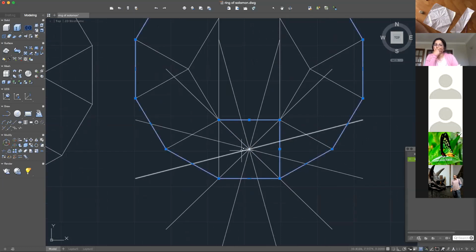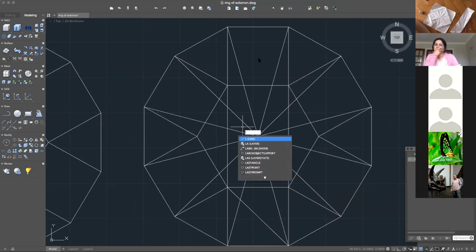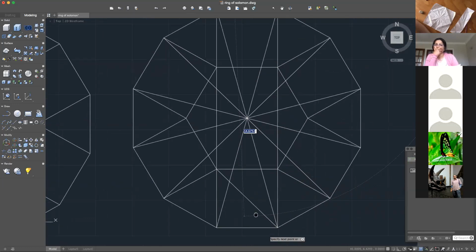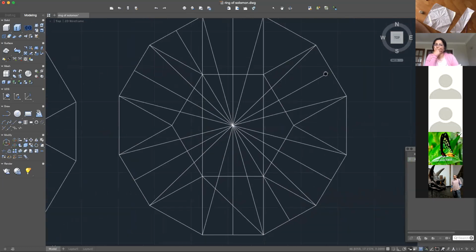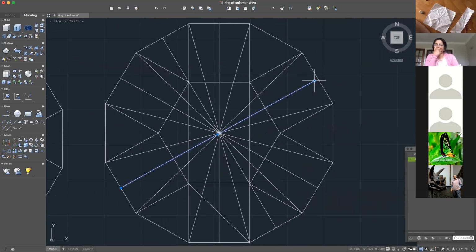Although it might be useful to have the full thing. Yep, all right, go for the full thing. All the lines of division.